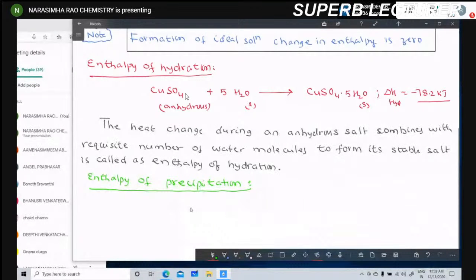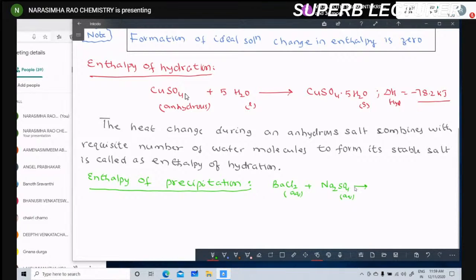Right, children? For the example, first the example, later I will explain. This is a barium chloride aqueous solution, when treated with sodium sulfate aqueous solution.